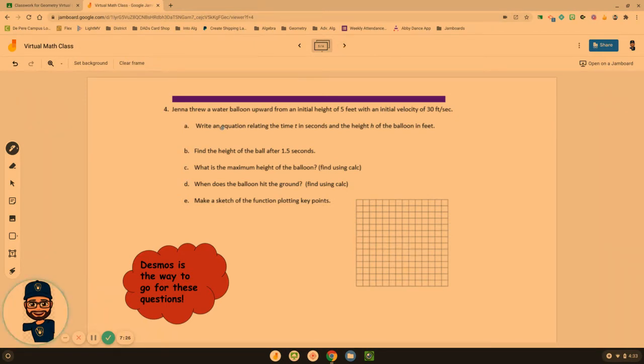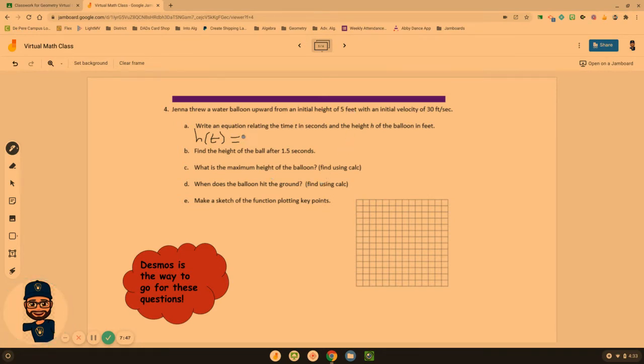Step number 1, write an equation relating the time in seconds to the height of the ball. So this is going to be h of t, right? The height based upon its time in seconds is going to equal. Now we have to determine, are we talking about meters or feet? In this case, we're talking about feet.